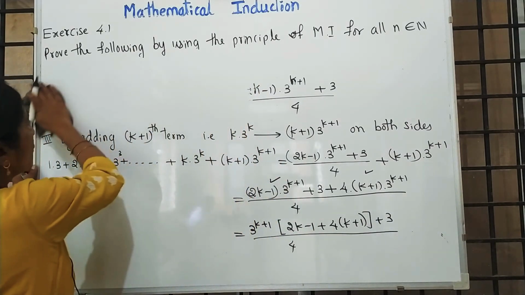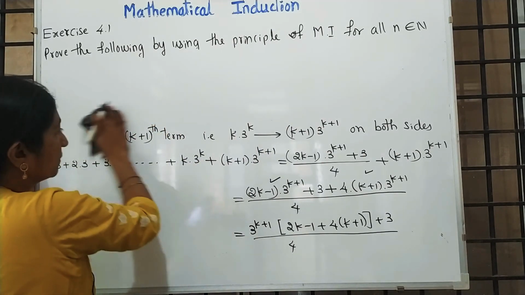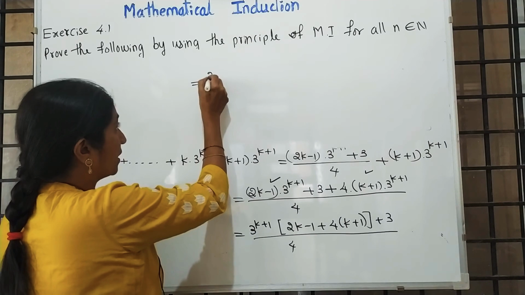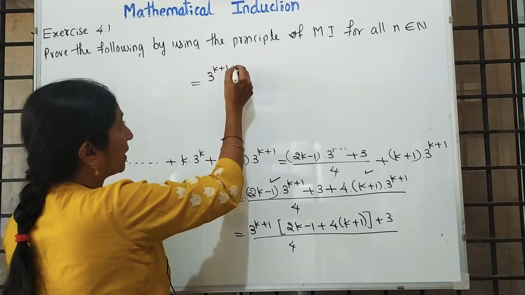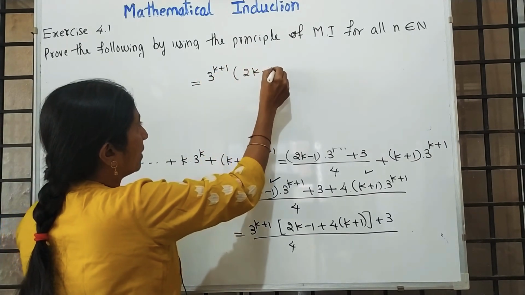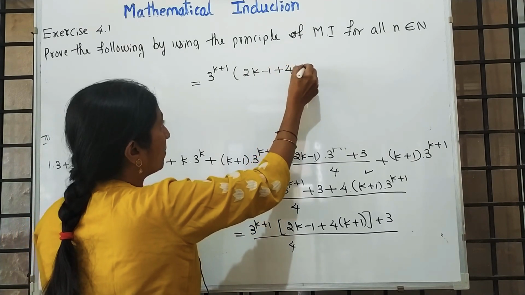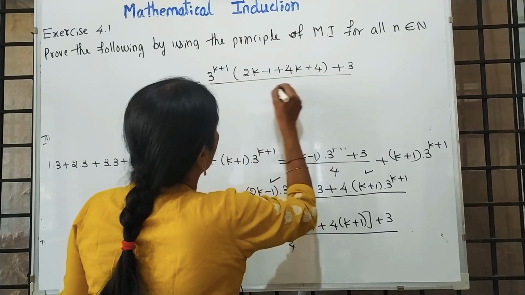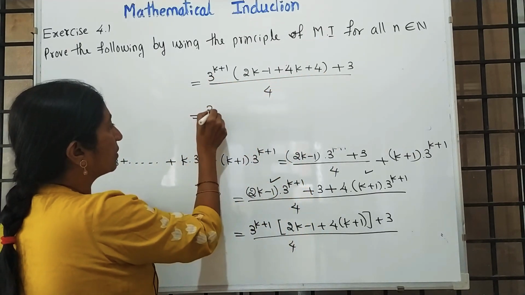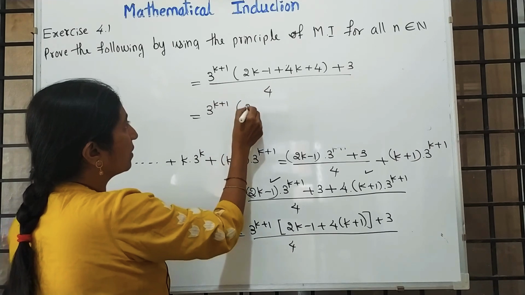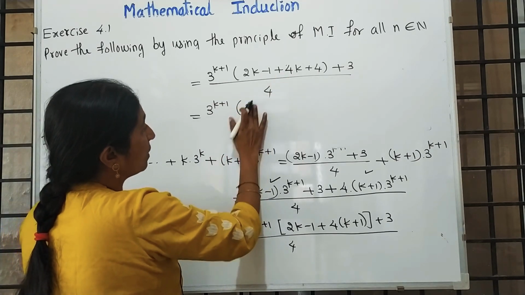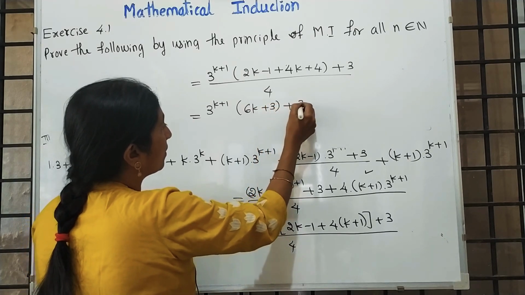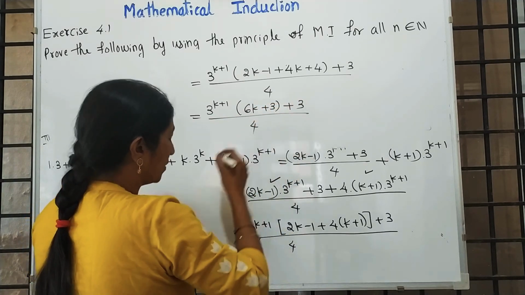Now, remove the bracket. This is 3 raised to k plus 1 in the bracket 2k minus 1 plus 4k plus 4 plus 3 divided by 4. 3 raised to k plus 1, 2k plus 4k is 6k plus 3 plus outside 3 upon 4.